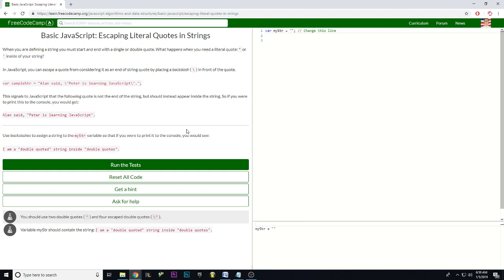You could also use single quotes inside if you're using double quotes on the outside, and it's fine to use single quotes on the outside if you're using double quotes on the inside. But if you want to do a mixture of them, or both, you need to use the escape character, which is a backslash.